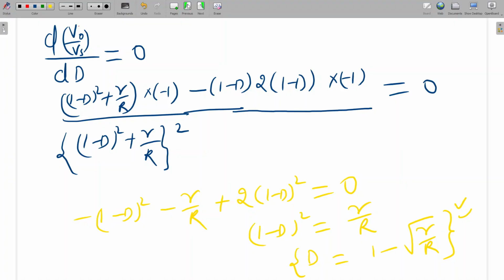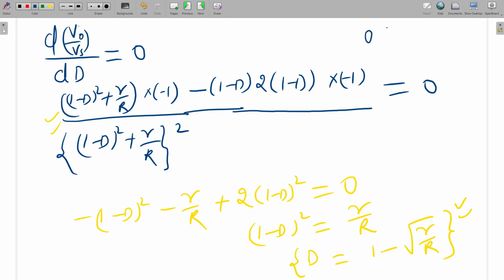Sir, in some question, yes, you can ask again. This formula is valid only for this type of question. If it is asked what will be the maximum value of duty ratio for which gain will be maximum, okay. Otherwise, what will be the range of duty ratio, it will be asked in the question.